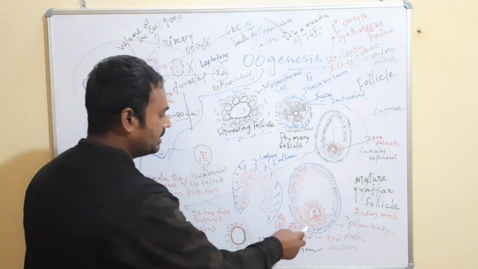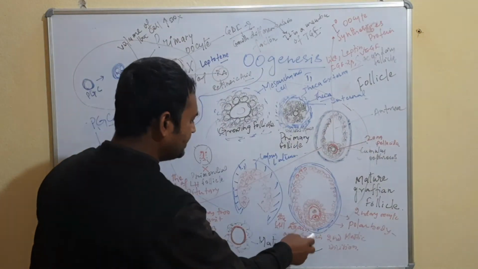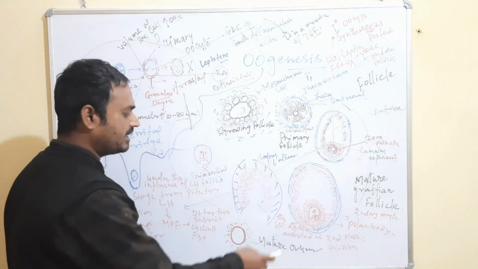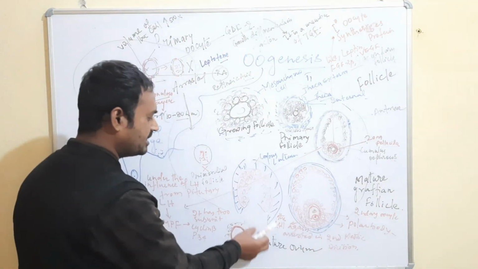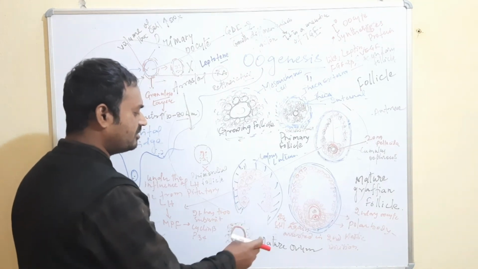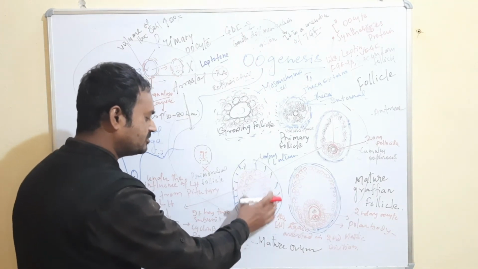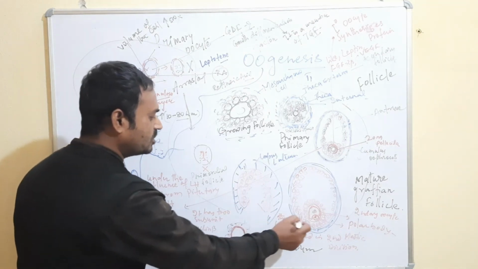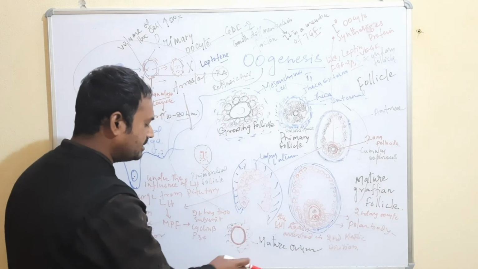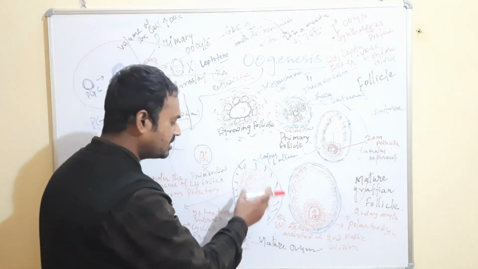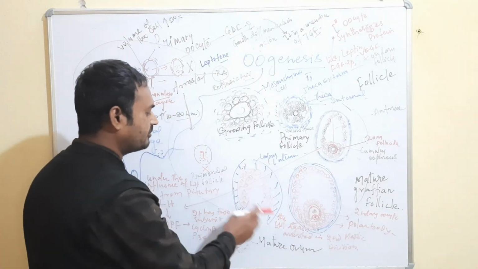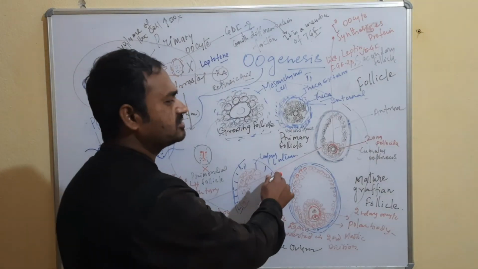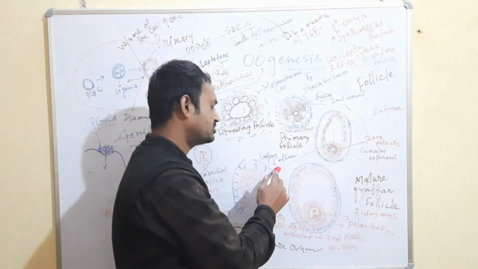The cell in the process of second meiotic division got arrested over here, and again under the surge of the luteinizing hormone, the membrane of the ovum will degenerate and the mature ovum will come out from the cavity, and this structure will turn into the corpus luteum.